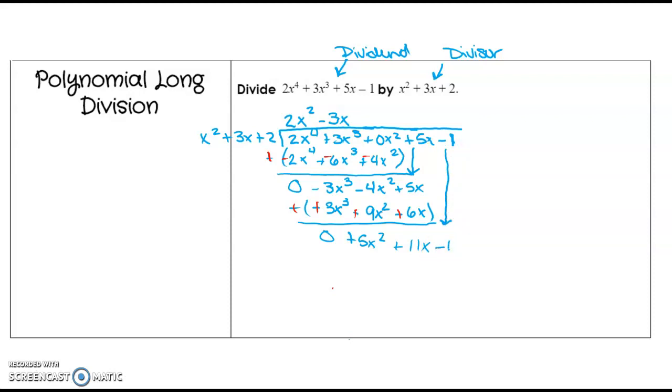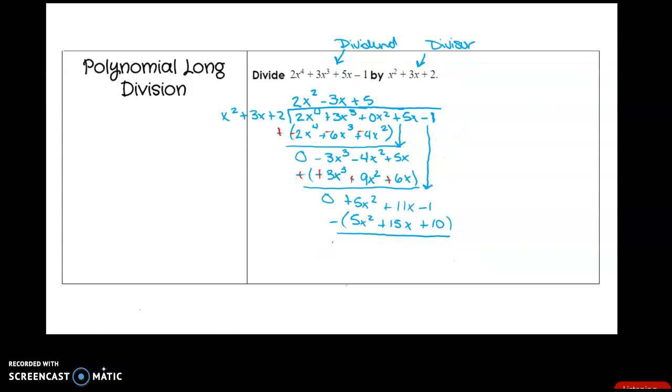And now I'm thinking to myself, what can I multiply x squared by in order to get 5x squared? And hopefully you said 5. And so now I'm multiplying my 5 by everything in my divisor. So I will get 5x squared plus 15x plus 10. Okay. And now I'm subtracting again. Oops.